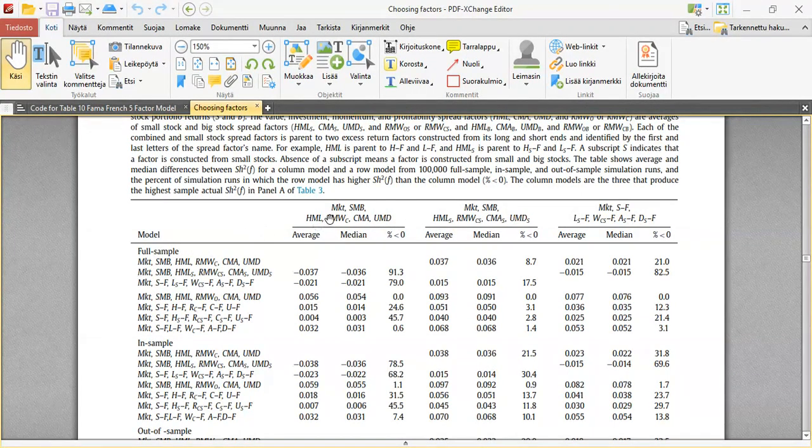So if we subtract the maximum squared Sharpe ratio of the column model from the row model, it is obviously negative.